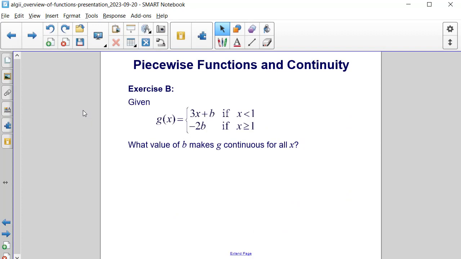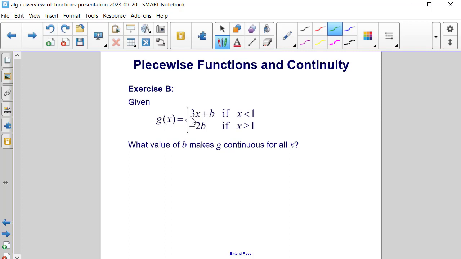Let's try another exercise. We are given that g of x is equal to 3x plus b if x is less than 1, or that g of x is equal to -2 times b if x is greater than or equal to 1. What value of b makes g continuous for all x? Well, the first thing that we need to do is set both pieces of our piecewise function equal to one another.